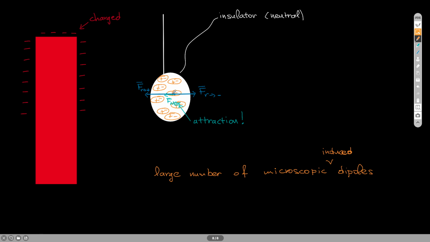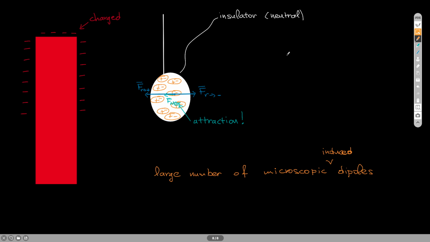The nuclei and these electrons are going to have the same center. There will no longer be dipoles present in the insulating sphere. So this is going to go back to what it was at the beginning when the charged rod was far away. So these are induced dipoles, induced by the presence of the charged rod.